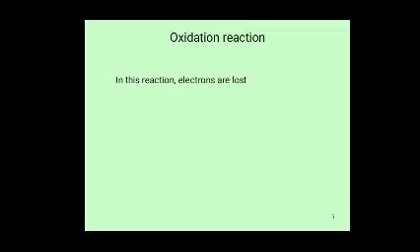When atoms are unstable, they form a new bond by the transfer of electrons or sharing of electrons between the atoms. These bonds are formed in two ways: one is transfer of electrons between the atoms, the second is sharing of electrons between the atoms.